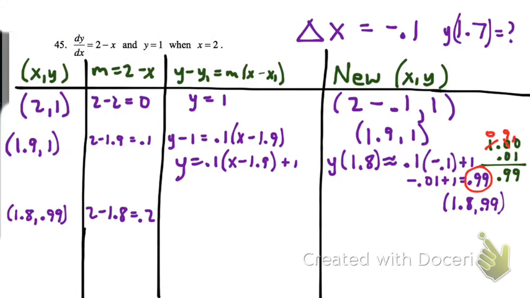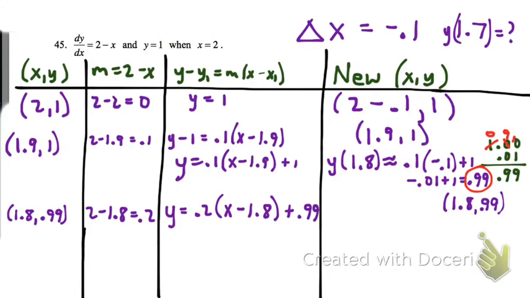So that's our current slope, and our y, I'm going to do this all at once, is 0.2 times x minus 1.8, our current x, plus our current y, which is 0.99.